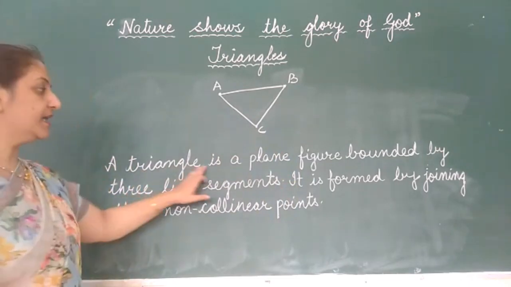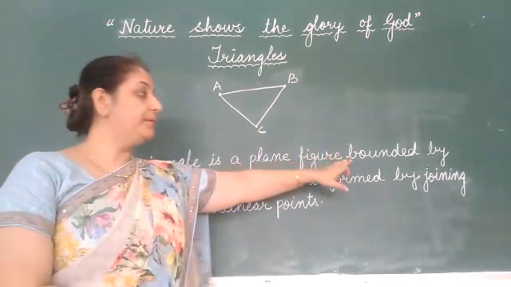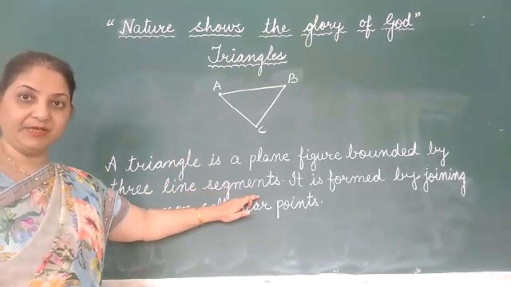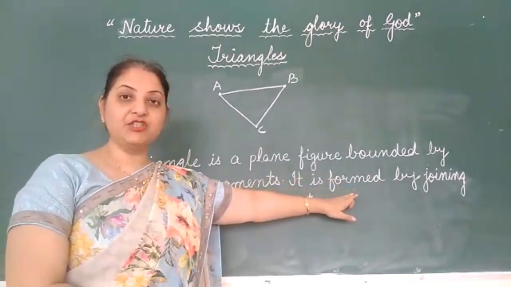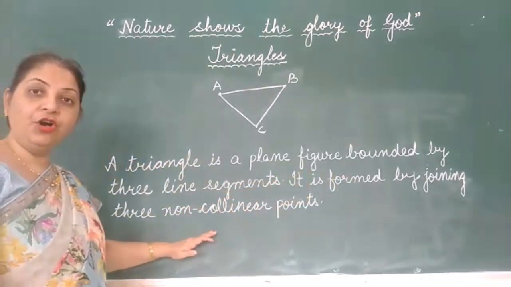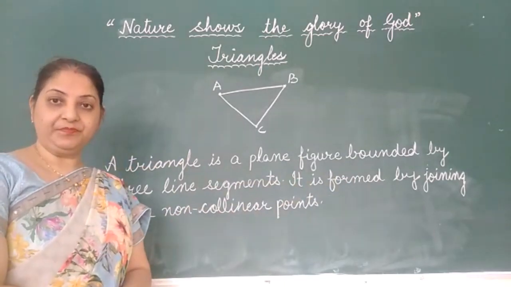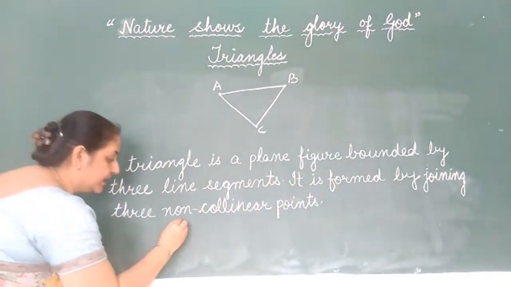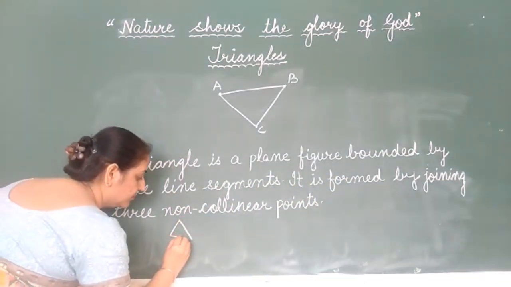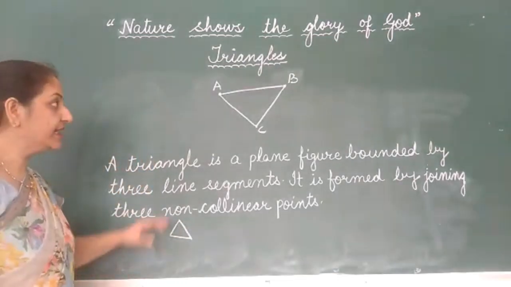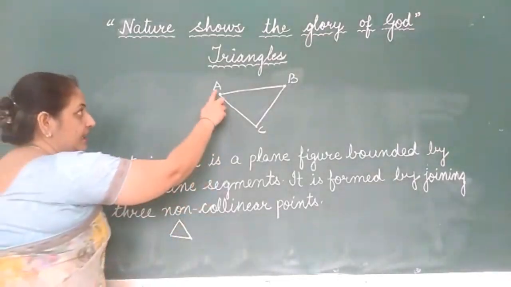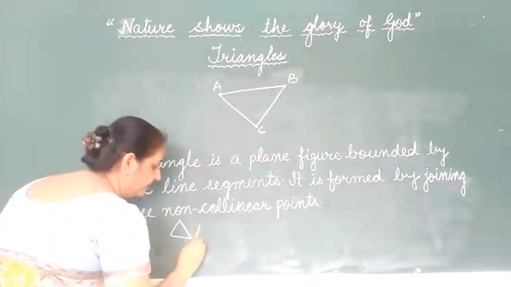So a triangle is a plane figure bounded by 3 line segments. It is formed by joining 3 non-collinear points. The symbol for triangle is this. So we can say I have got triangle ABC.